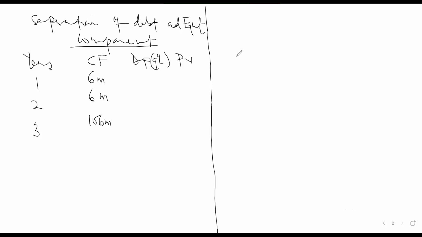The discount factor for year 1 at 9%. What are we getting? So none of us is having a scientific calculator. 0.917. Okay, 0.917.